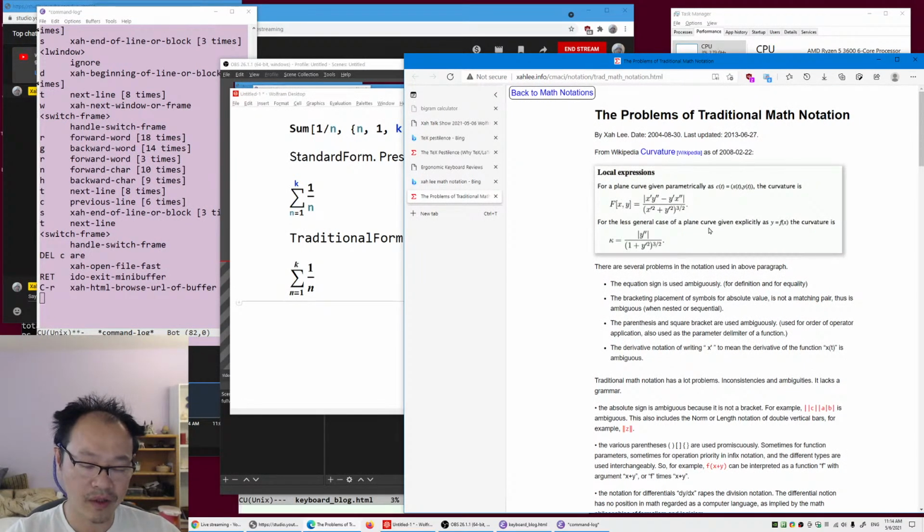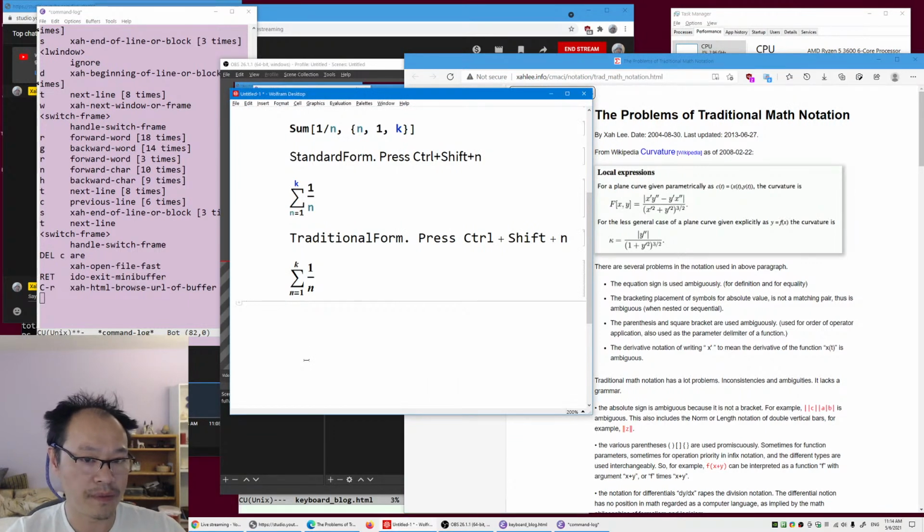And this is a well-known problem, by the way. This article happened to be posted to Hacker News a couple of times. So let me give you one example of the ambiguity, the problems of traditional mathematical notation.